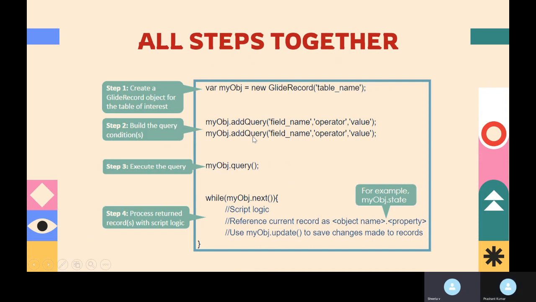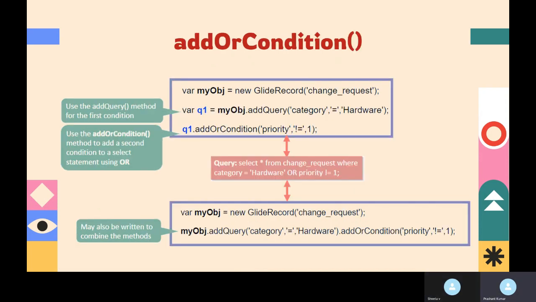Suppose we have a requirement where we need to use an OR condition, like category hardware or priority not equal to 1. So you have to create the object of that query and then you can add the OR condition on the same object, and then you can query the record.